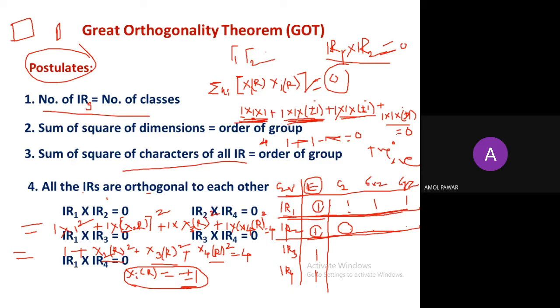See what I have done. I took here plus 1 for the second character, the second character of C2, and for the characters sigma xz and sigma yz, I took minus 1, minus 1. Then I got the value 0, and this 0 satisfies the fourth rule, that all irreducible representations are orthogonal to each other.